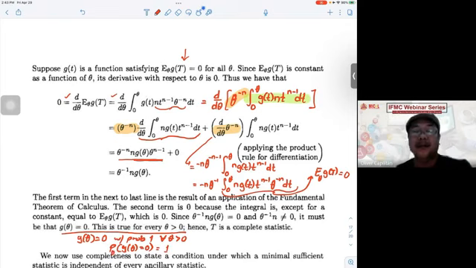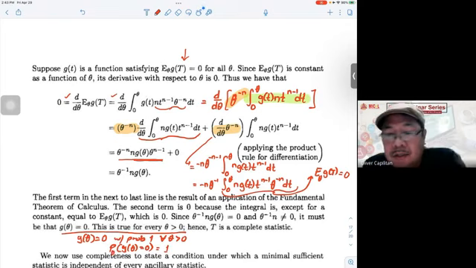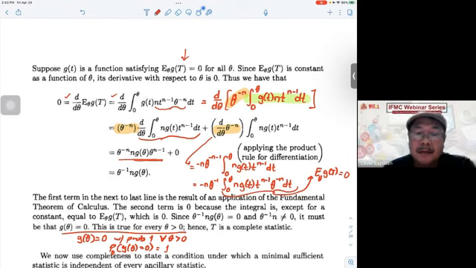So we have satisfied the condition in our definition. In other words, the family of distributions is complete. Therefore, we conclude that our T is a complete statistic.